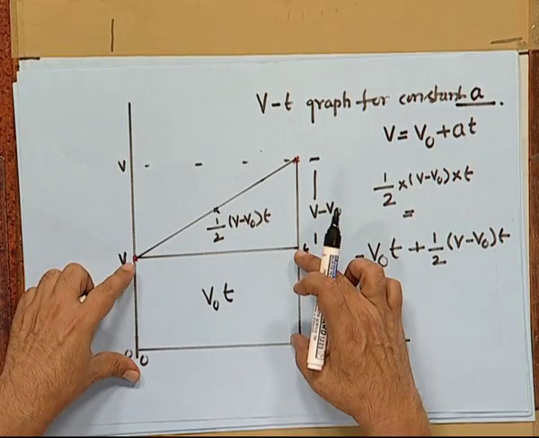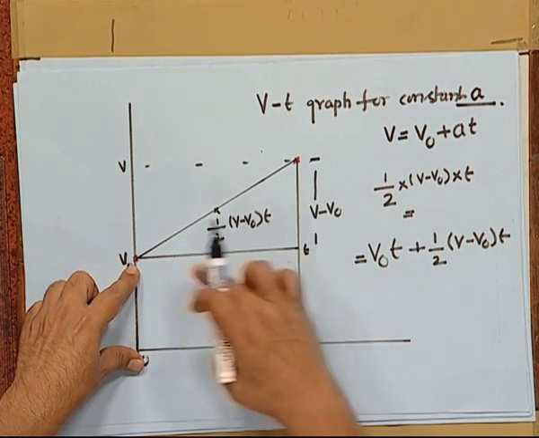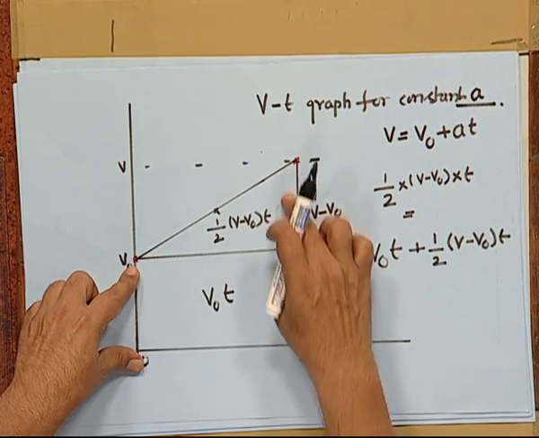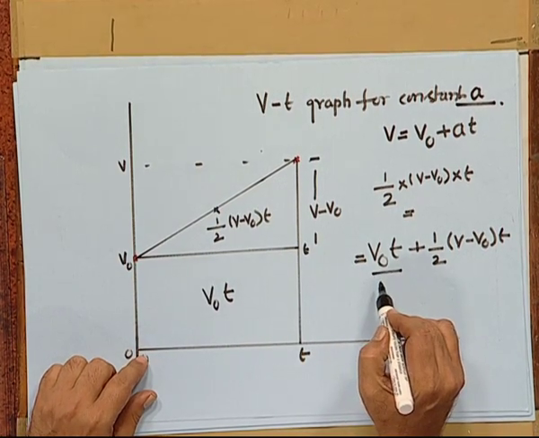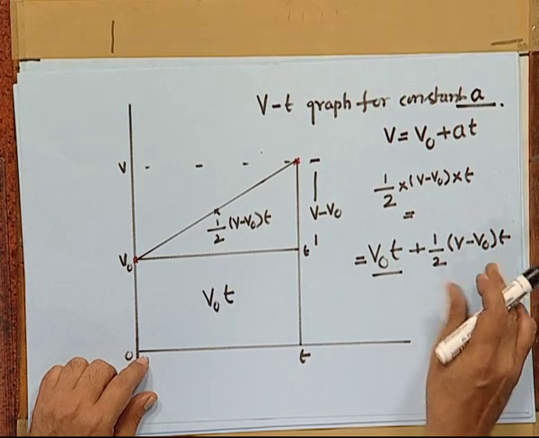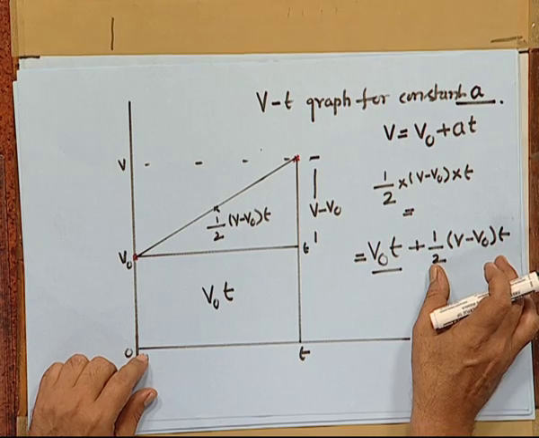This is the displacement that the object has undergone in the time interval 0 to t. The total displacement is because of the constant velocity motion, plus the contribution because of the accelerated motion. v0 t is the contribution from the constant velocity motion. This is the additional part that is contributed by the accelerated motion.